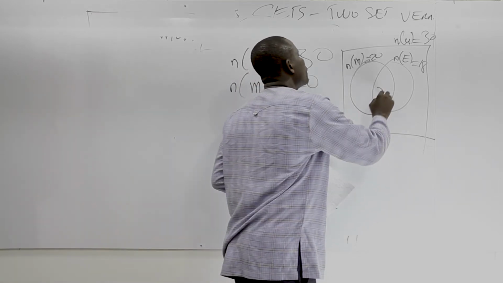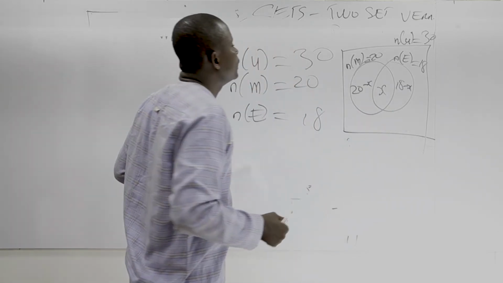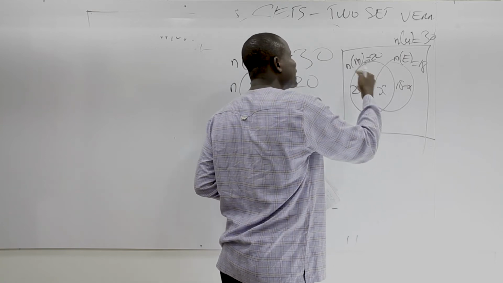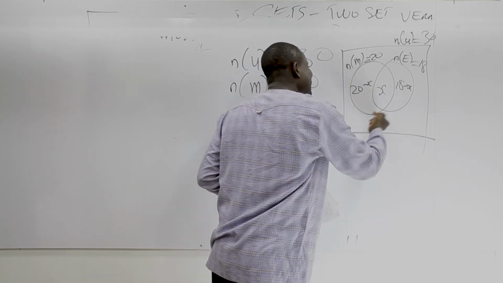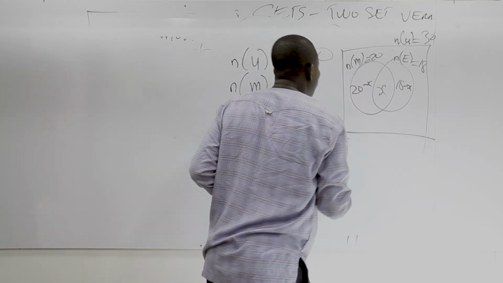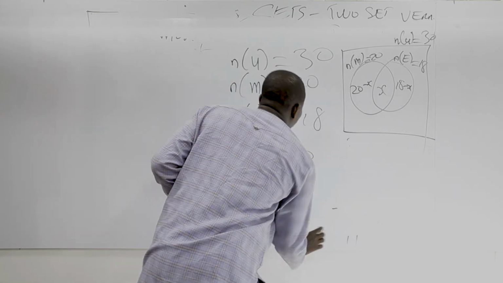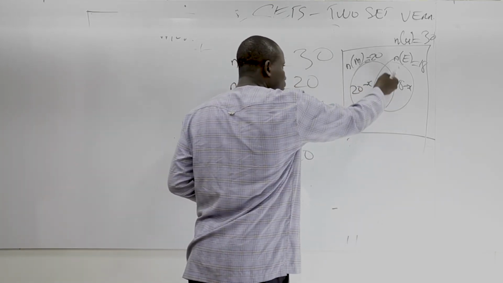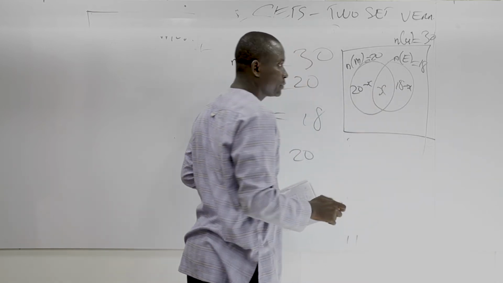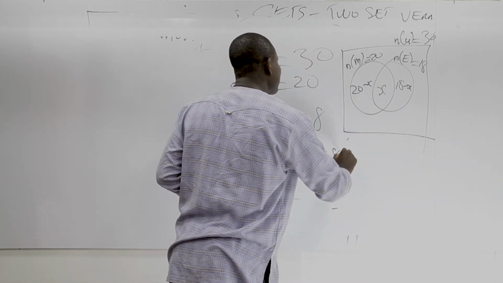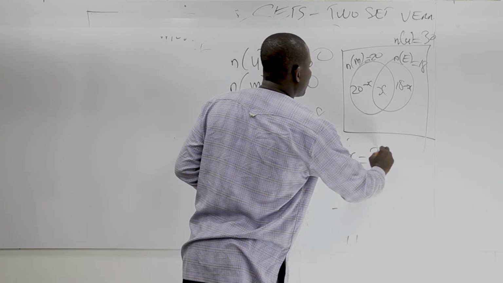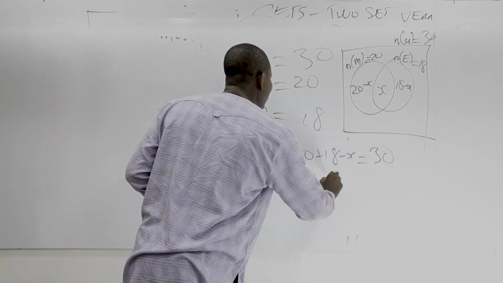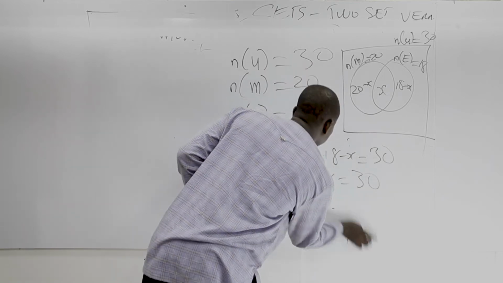So straight away you represent that by X. When you pick the 20, I will not write anything inside the 20 circle, because 20 represents the entire content here. So 20 plus 18 minus X is equal to 30. Here, I have 38 minus X is equal to 30.